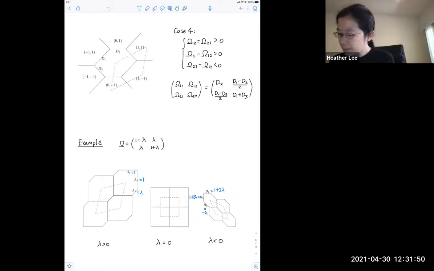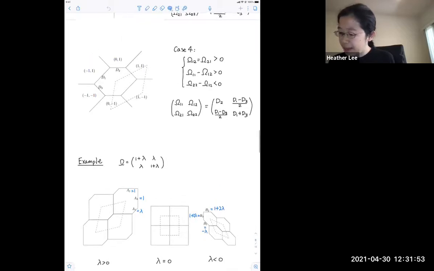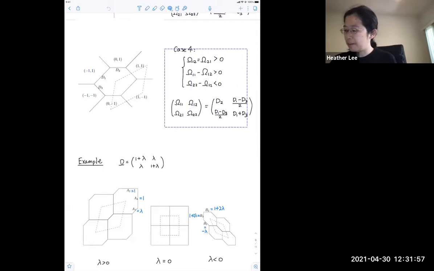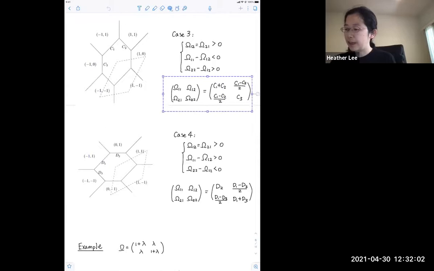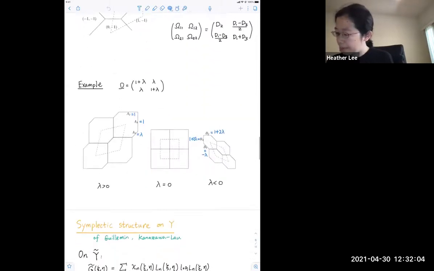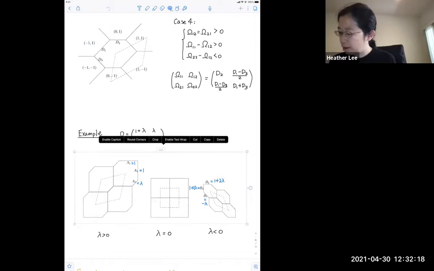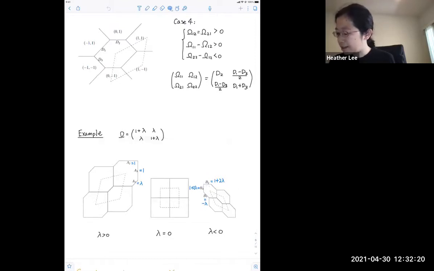The side length of the hexagon is completely determined by this omega, based on all these formulas that one can calculate. And we see that just using these formulas, when lambda is less than 0, the side length corresponds to lambda in a way that two of the sides are 1 plus 2 lambda, and the other side is minus lambda in length.